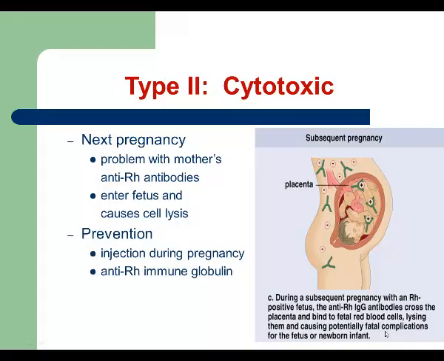We usually start having problems when the same Rh negative woman gets pregnant with an Rh positive child again. Remember, antibodies can cross the placenta, and when they cross the placenta, they can destroy blood of that fetus. As a result, the child will develop symptoms of hemolytic disease of newborn. What are those symptoms?